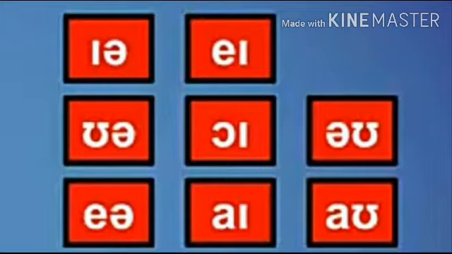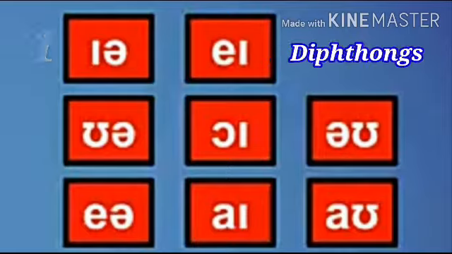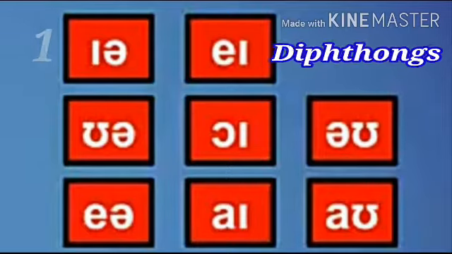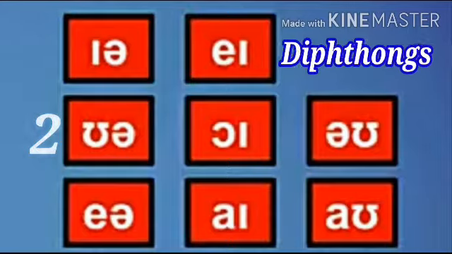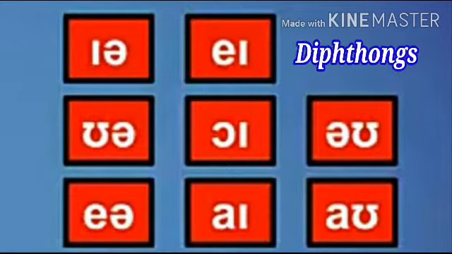Now let us have a brief understanding of all these sounds and the combination of the pure vowels, how they have been transformed into the diphthongs. The first one is the sound E and A, formed as ear. The second one is U and A, ua.